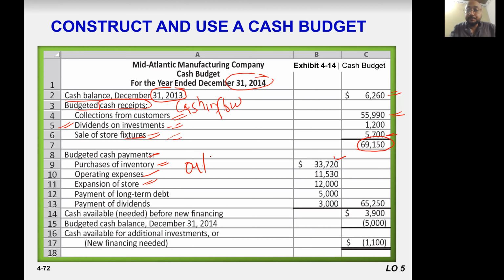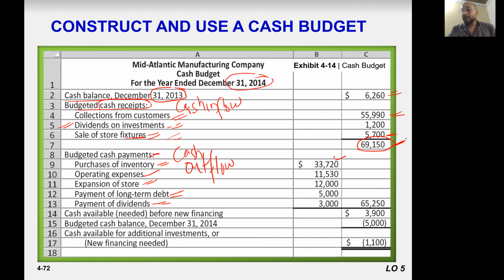Payment means outflow. Cash is going out from the business, and specifically I should write cash outflow, not all outflow. Payment of long-term debt, payment of interest as well, right? Dividend payment. We pay our owners the dividend, so that's why it is a payment.